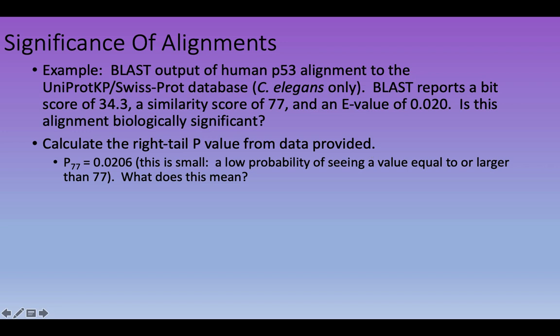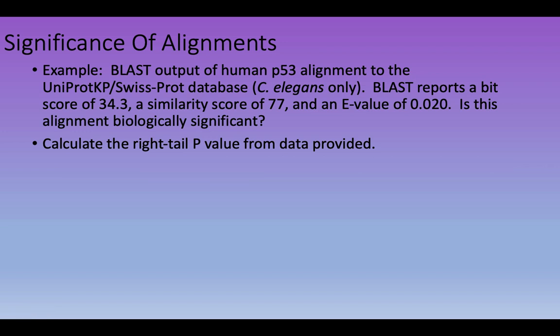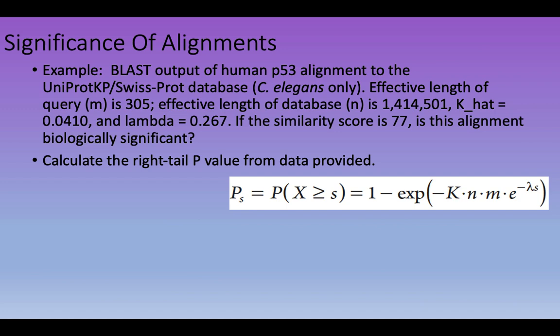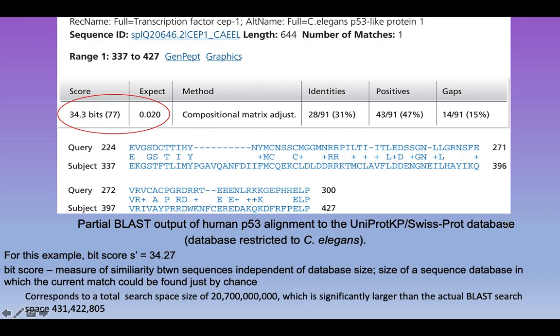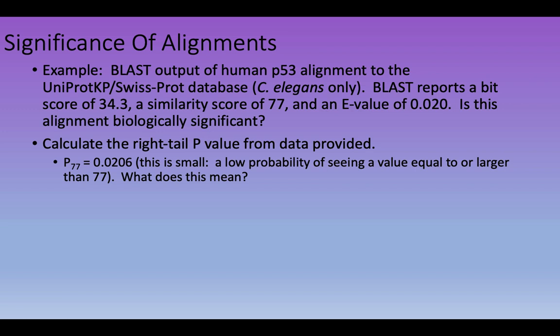I can just plug it into the previous equation, using the value of 77. I can calculate that the probability is about 0.0206. That means there's a low probability of me seeing a value equal to or larger than 77. How am I supposed to interpret that?